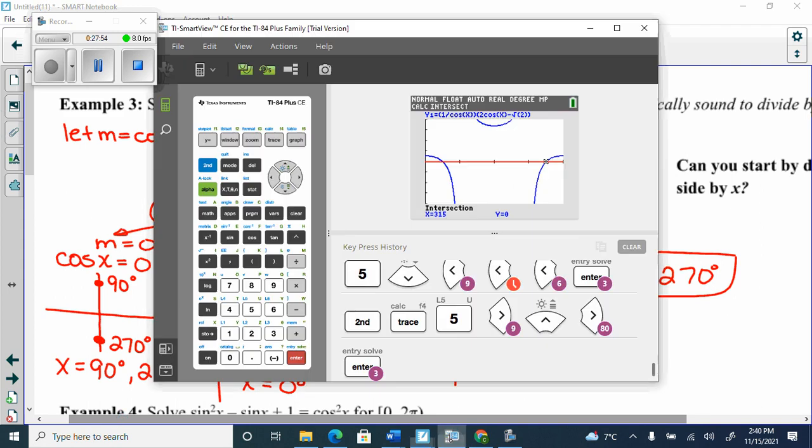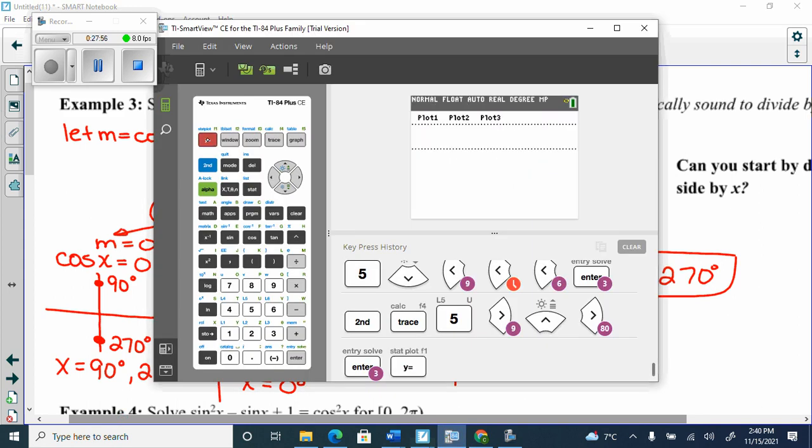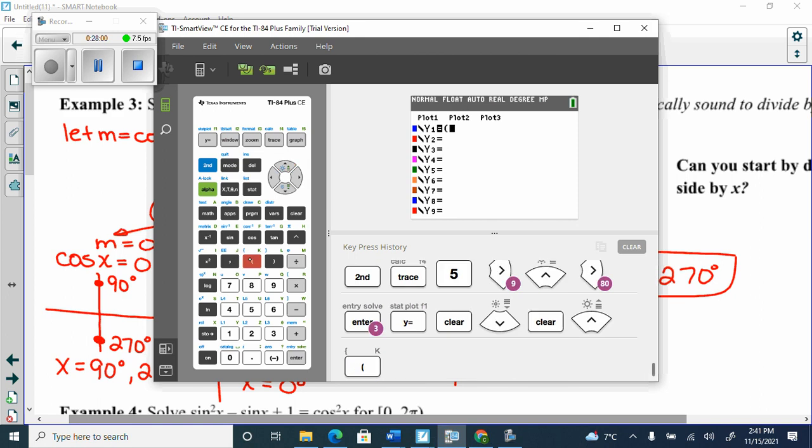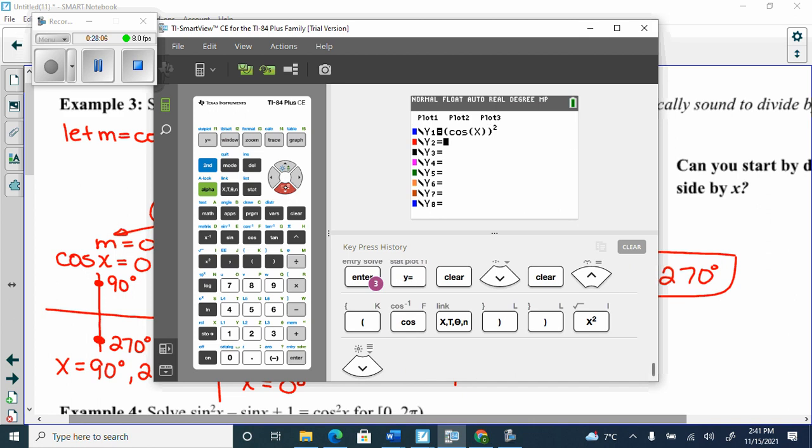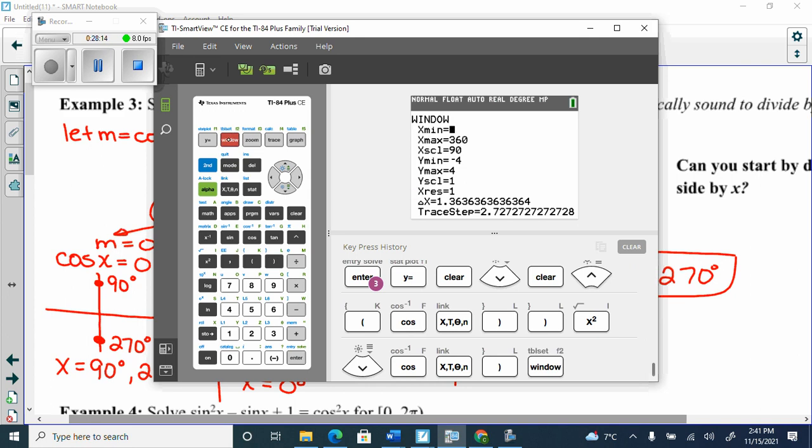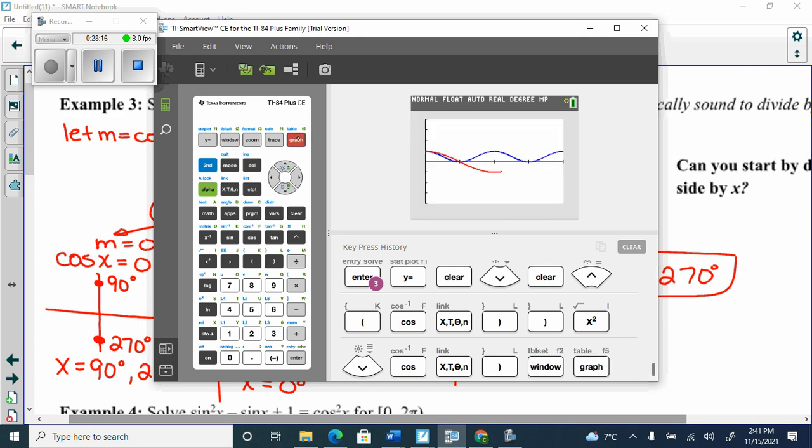So I'm going to go bracket cos x, bracket, squared. And then here I have cos x. And then my window's from 0 to 360, it already is. And I press graph.